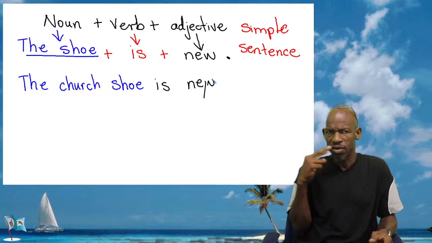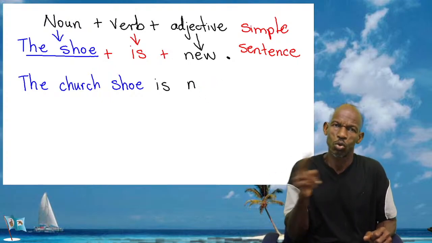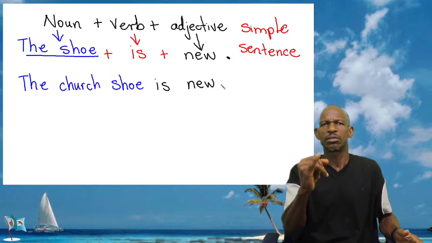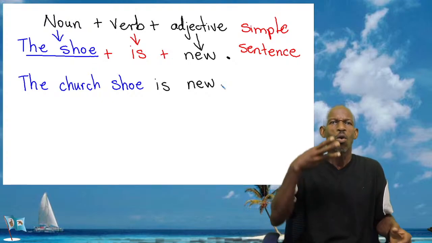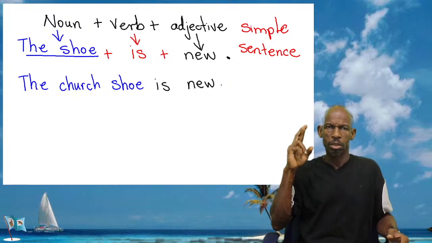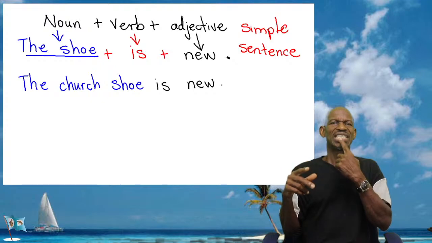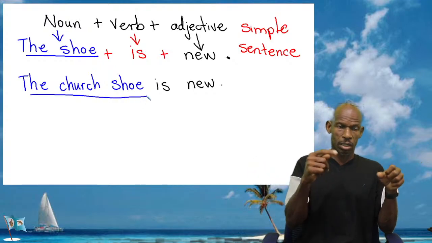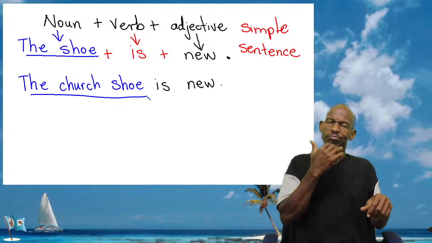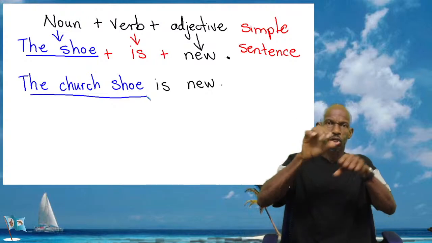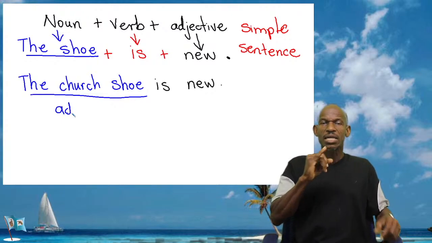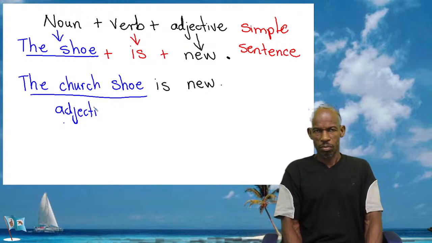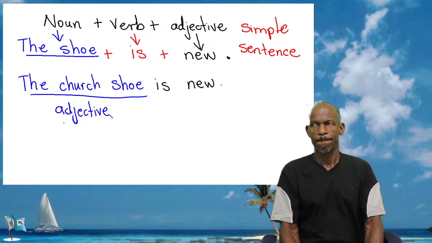So the order of words that I use in the sentence, this order, and I'm underlining it here, just as a one for this order here. I have the church shoe. So what I'm saying is, I'm using an adjective and I'm using a noun.